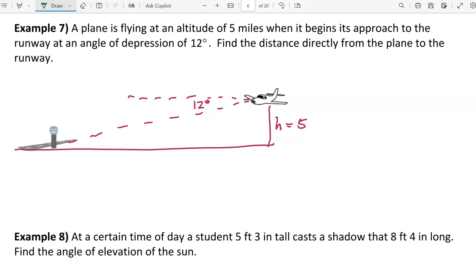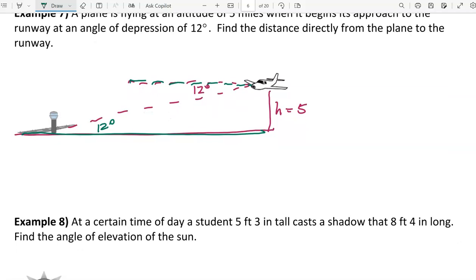And if you consider that the two horizontal lines, the ground and the line of sight of the plane if it's looking straight ahead, are parallel, then those two angles are both 12 degrees because they are alternate interior angles. So that 12 degrees that I drew in green there is the angle of elevation if the runway is looking up at the plane. So the angle of elevation and depression are at different locations, but they have the same measure.